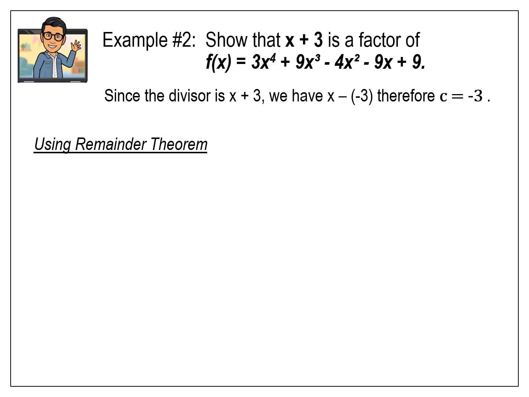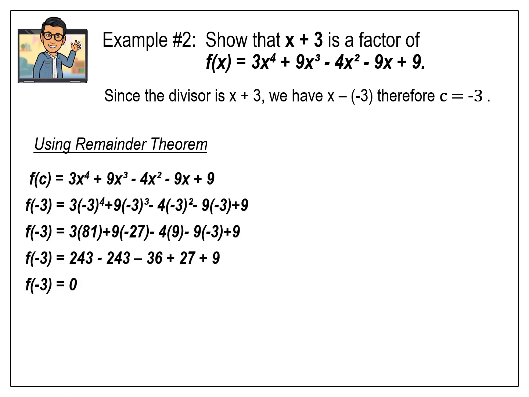First, let's have the remainder theorem. We use negative 3 as the value of c and substitute it to our variable x. So we have 3 times negative 3 raised to the 4th plus 9 times negative 3 raised to the 3rd minus 4 times negative 3 squared minus 9 times negative 3 plus 9.